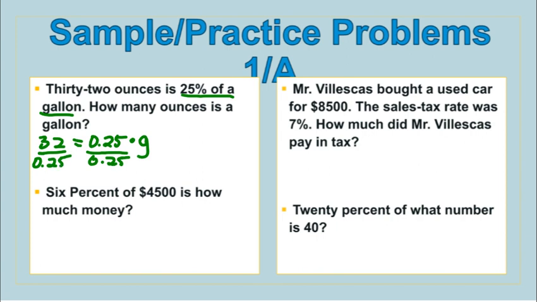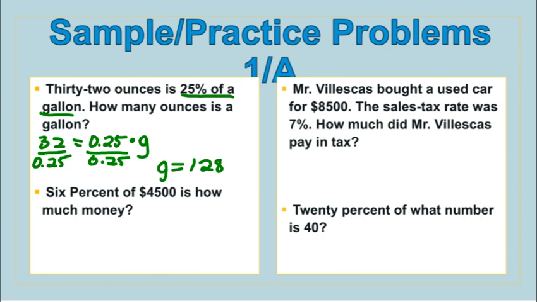And we have 32 divided by 0.25. That gives us G equaling 128. So for one whole gallon, you would have 128 ounces to fill that up.